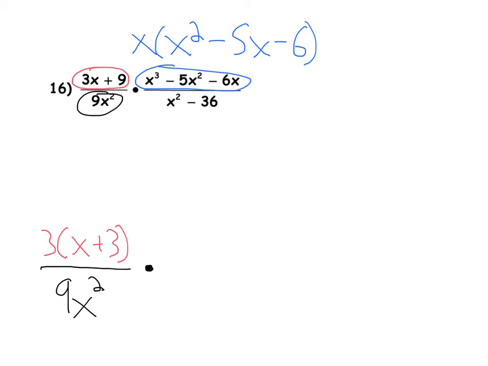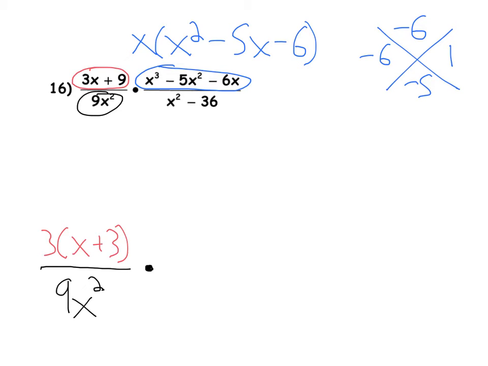And now hopefully you remember that x squared minus 5x minus 6 should be a pretty simple diamond problem. Let's put a negative 6 on top, negative 5 on bottom. So this is going to be negative 6 and positive 1.